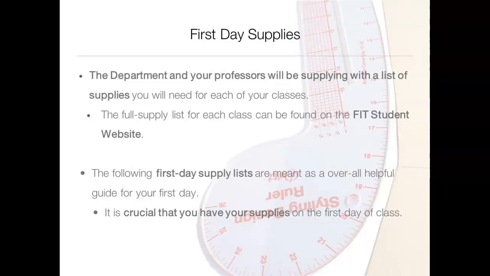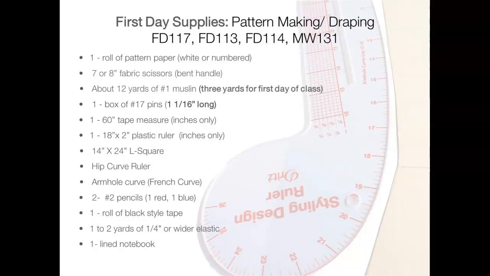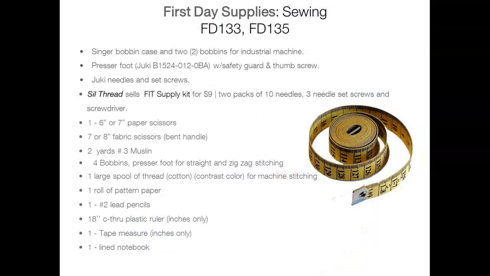This is the list of first day supplies for pattern making and draping classes, such as FD 117, FD 113, FD 114, and MW 131. This is the first day supply list for sewing classes, FD 133 and FD 135.